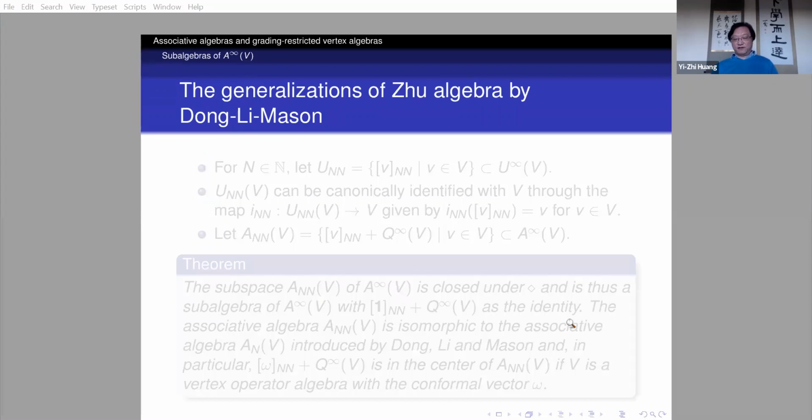The next one is Dong-Li-Mason's algebra.